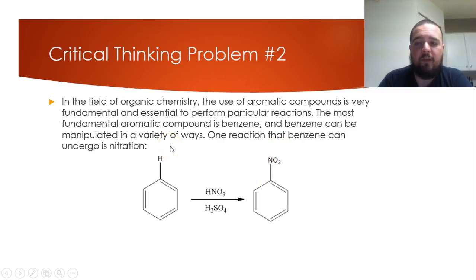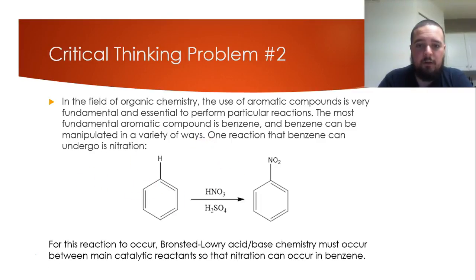Now, one thing that's really weird is that to make this reaction, there are 2 acids. These 2 main catalytic acids undergo Bronsted-Lowry acid-base chemistry. One weird way of looking at it is that acids don't always act as acids. Depending on what they're with could define if it's going to be the acid, or an acid could be the base. Blow your mind a little bit, right?